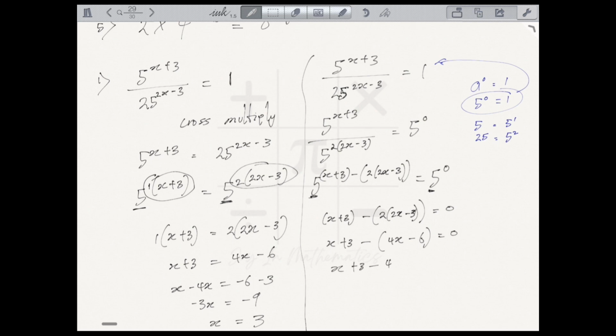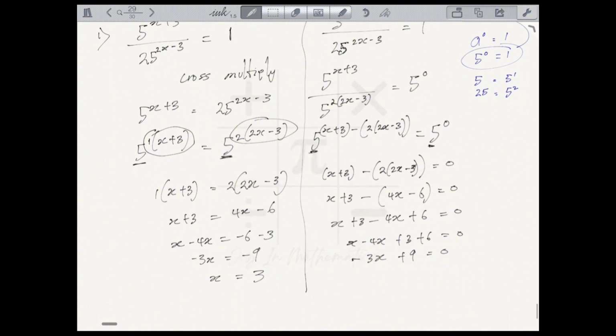So we have minus 4x, and then we have plus 6. If we collect like terms, x minus 4x is minus 3x, and then we'll have plus 9. When we move 9 to the other side it becomes minus 9, and therefore x becomes 3.